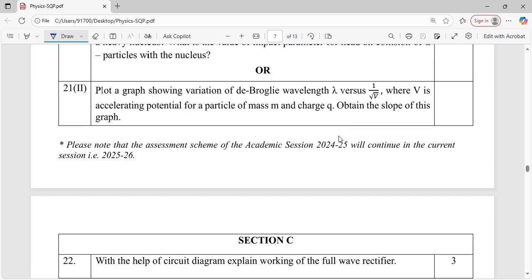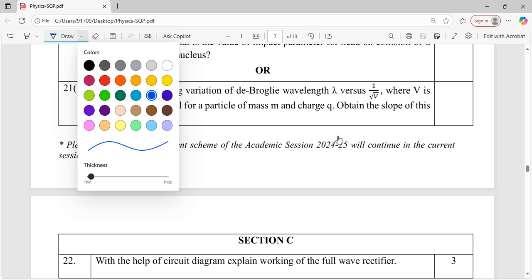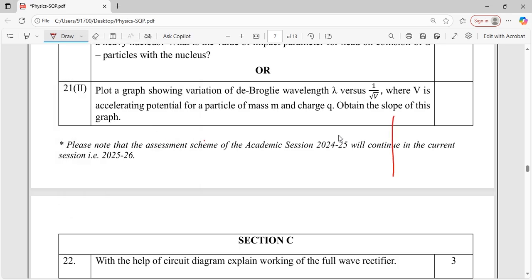So now draw lambda versus 1 by root V. From the de Broglie hypothesis, lambda equals h by mv, which is equal to h over root of 2mqV, where h is Planck's constant.